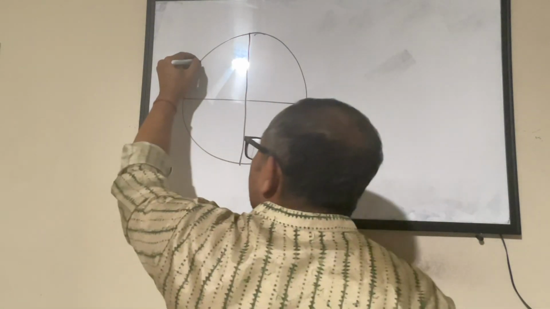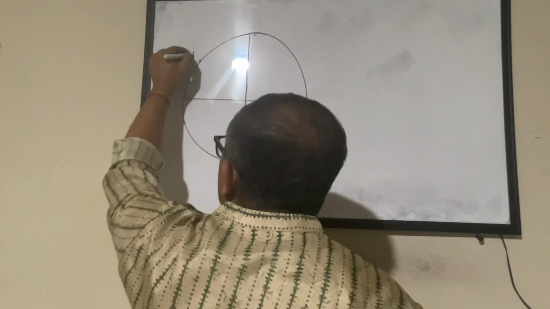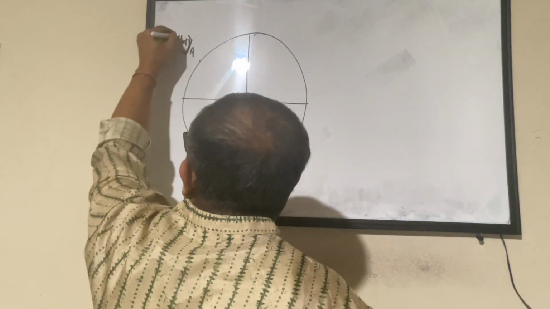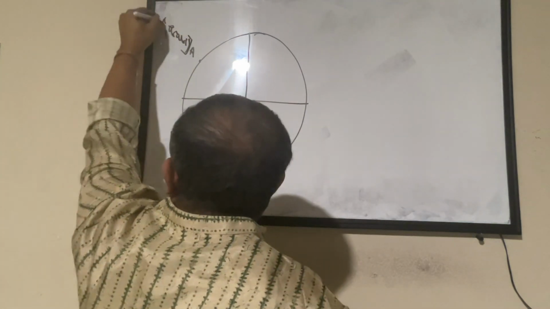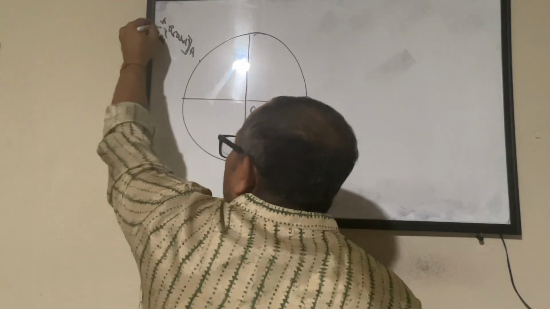If I have a point here, let's say this is my origin O and this is my point A. We all know that this is R cos theta and R sin theta. Even if you know it or you don't know it, it doesn't make a difference at the moment.